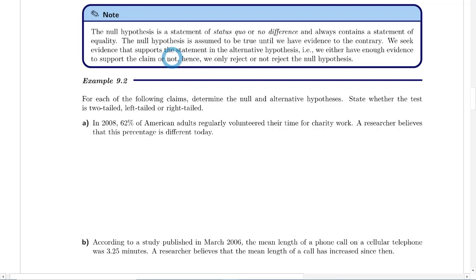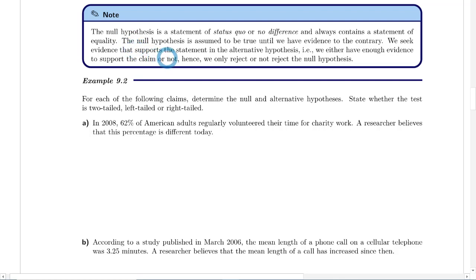So we don't think of things in terms of the alternative being right or the null hypothesis being true. That's not how we look at it in statistics. We don't look at true and false because we're dealing with statistics and not absolutes. We just say the statistics showed evidence to support the alternative, or support the null.